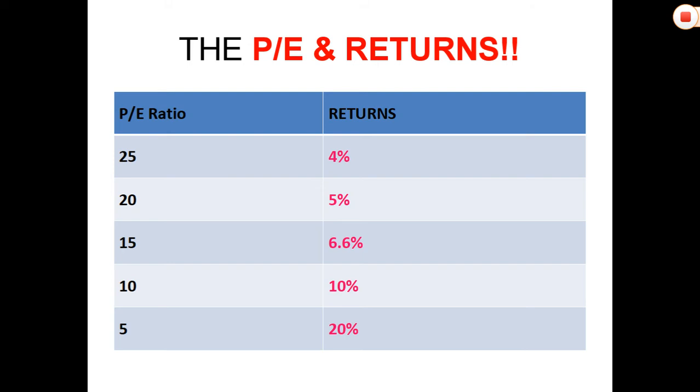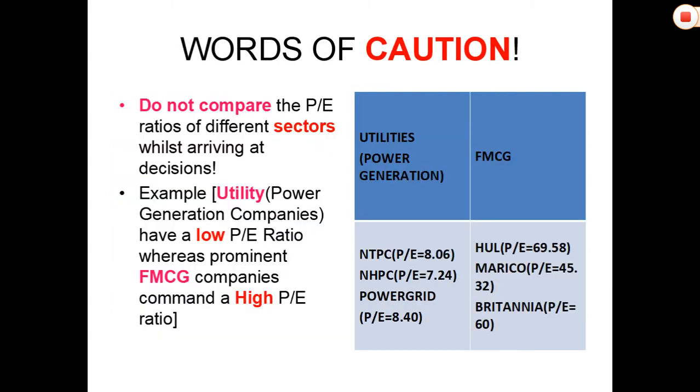For a PE of 20, you would get a CAGR of 5%, for 15, 6.6%, for 10, 10%, and for 5, 20%. So your basic goal would be to search for companies that have a PE of 15 or lower, as Warren Buffett does.